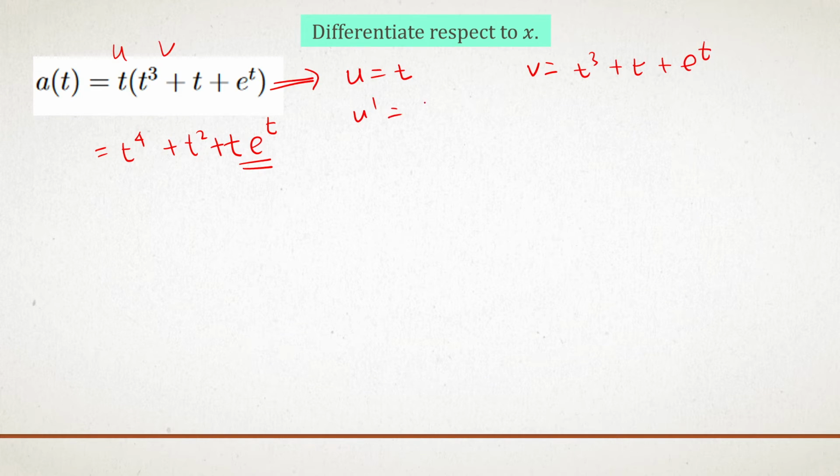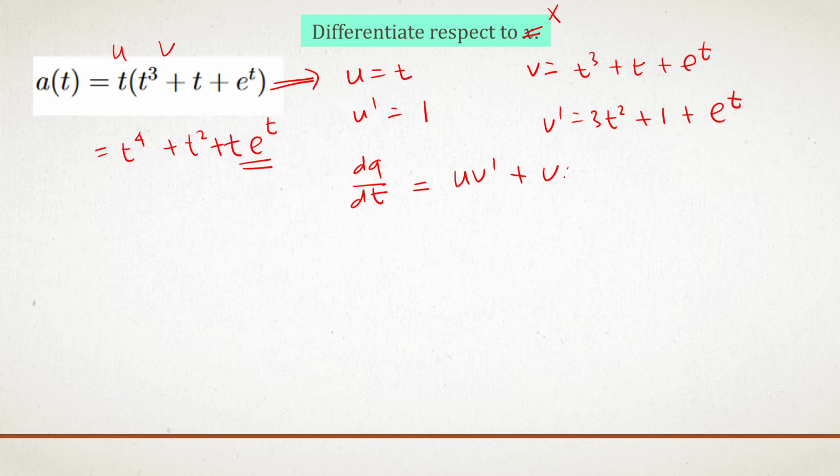So my u prime equals 1. My v prime is 3t squared plus 1 plus e^t. So my dA over dt, why is it not x? Because this one is a t, so it should be changed to become x. So dA/dt equals uv prime plus vu prime.